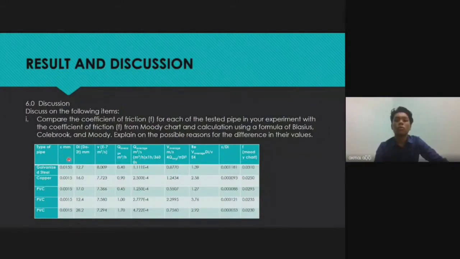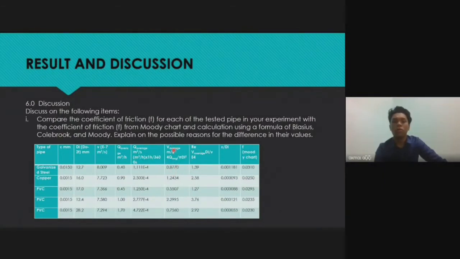First of all, we need to know the viscosity by using the ratio. After that, after we get the viscosity, we can calculate the Q average of each part, and then from that we can calculate to get the velocity using the formula Q over pi d squared.